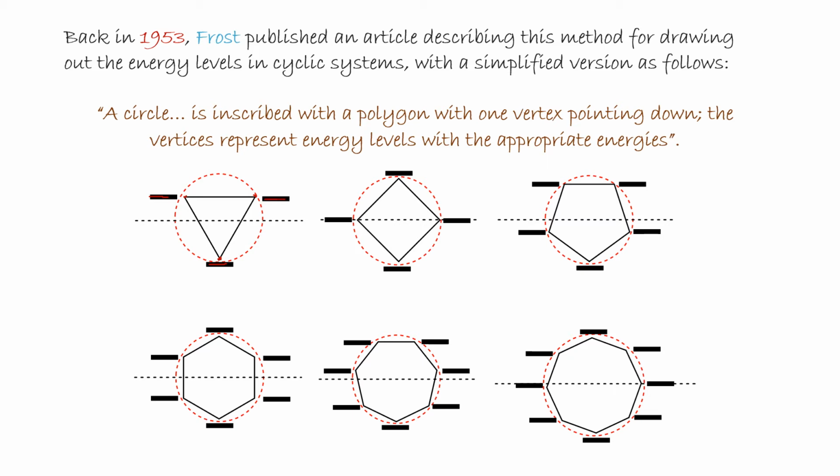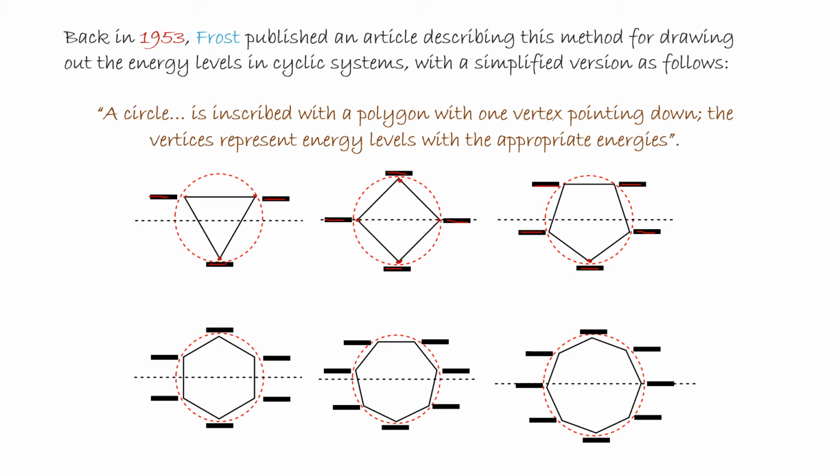For the cyclobutadiene, the vertex down, you have 2 in here, 1 up, so 4 molecular orbitals. Well, if you have cyclopentadienyl, the vertex down, so we have 2 in here and 2 up beside the lowest state here.